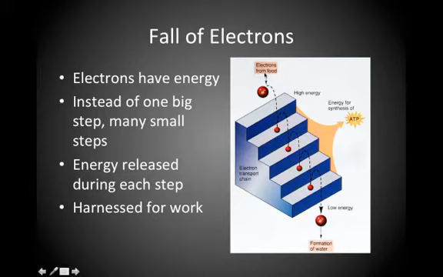So it's all about electrons. Just remember that. Although cellular respiration is a highly complex process, it's not confusing. It's a process that occurs in steps. And one important thing to remember is that this process is all about our electrons.